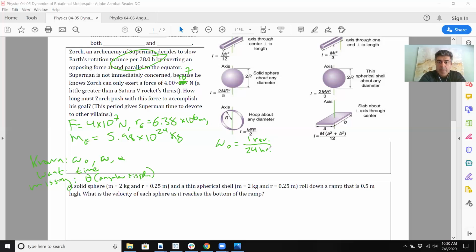And let's convert that to rads per second, just a second. No pun intended, but anyway. The final velocity will be 1 revolution for every 28 hours. So we'll need to convert that also to rads per second.